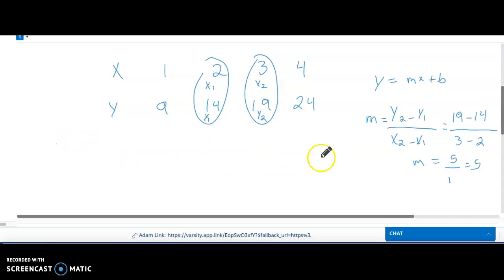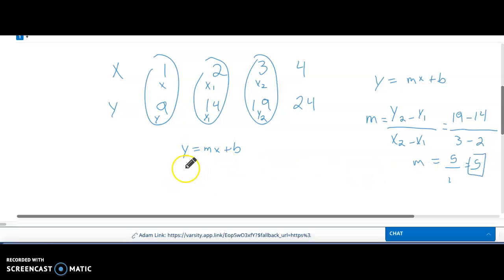Okay, so now once you find the slope, you can use this equation to figure out b. So if you write the equation out again, y equals mx plus b. We can pick any ordered pair, plug them in for y and x, plug in m, and solve for b. So I'm going to use this pair here. This is going to be my x, and this is going to be my y, and I know my m here.